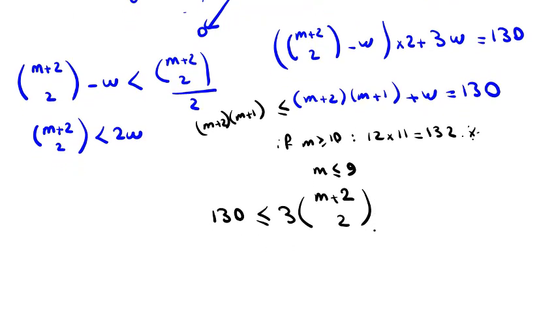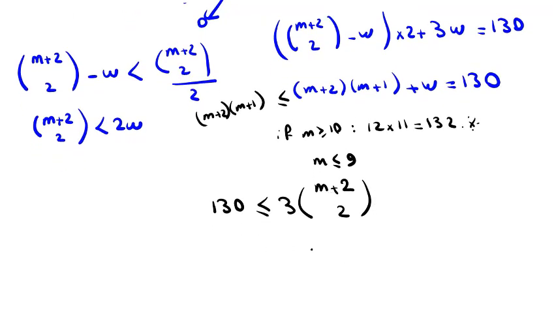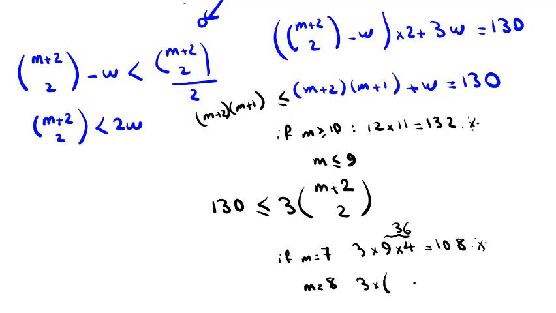If M is 7, it will be 3 times 9 choose 2. 9 choose 2 is 9 times 8 over 2, 9 times 4, 36, and it will be 108, and that's a contradiction. If M is 8, 3 times 10 choose 2, it will be 3 times 45, which is 135. So we've proved that M is at least 8, and at most 9. So M is 8 or M is 9.